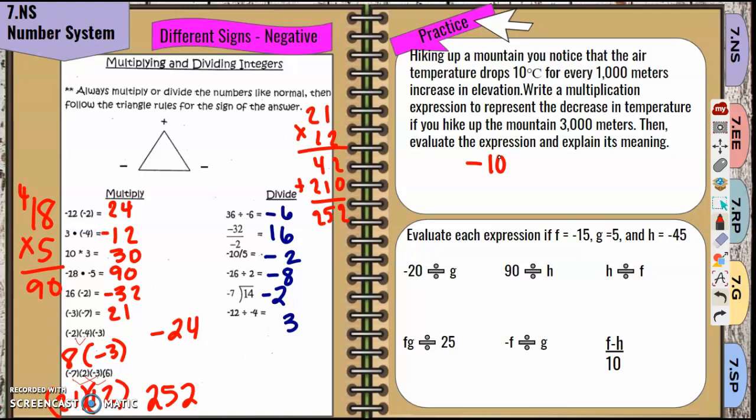I'm going up 3,000 meters. So that drop is going to happen 3 times. And negative 10 times 3 is negative 30 degrees Celsius, which means the temperature will drop 30 degrees Celsius after you have hiked up the mountain 3,000 meters.